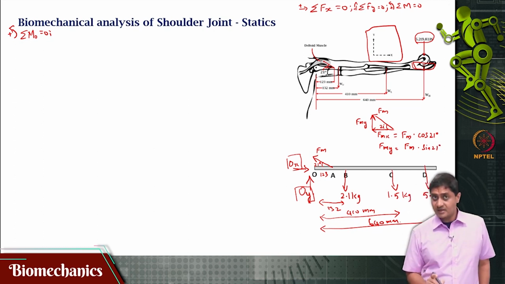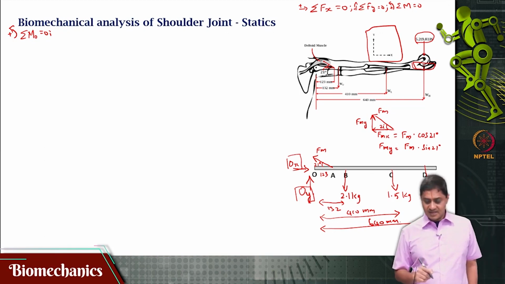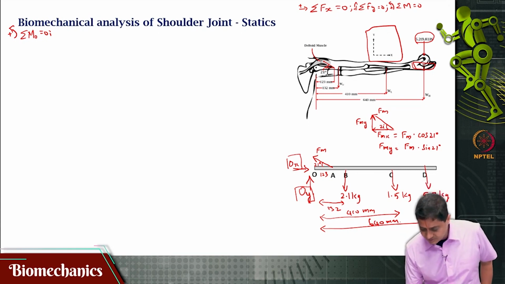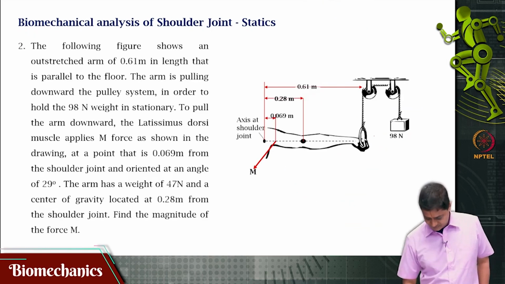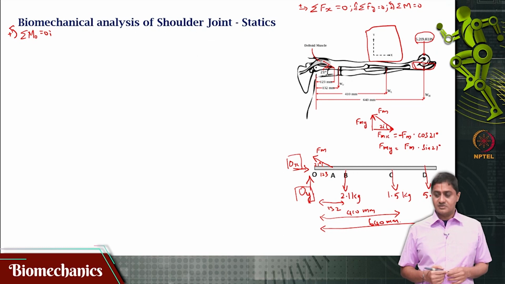Note that I have not actually included the sign for this, okay. So, when I am writing out the actual equation, let me write that out. If the arrow was pointed like this, then Fmx would be minus Fm times cos 21.